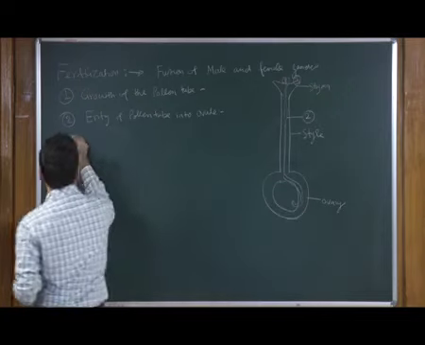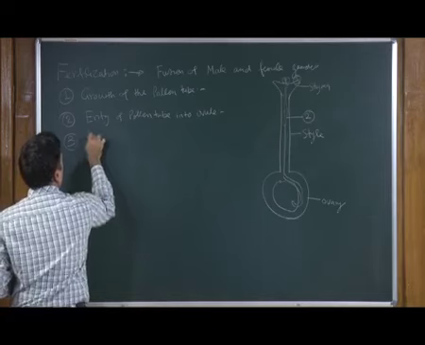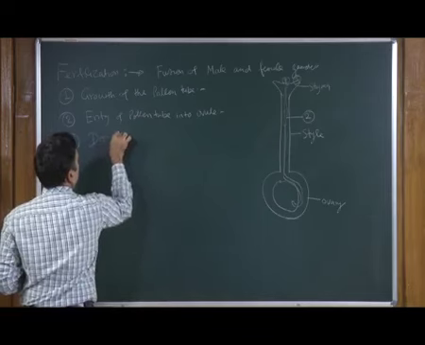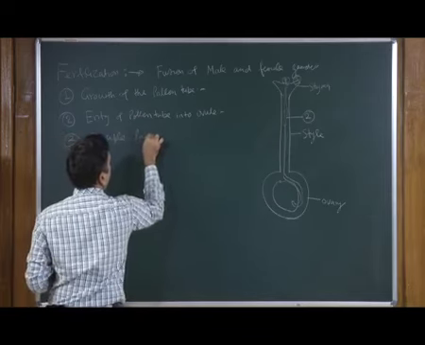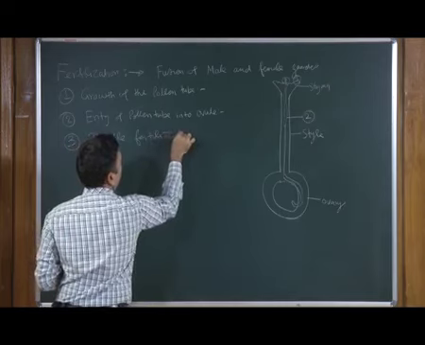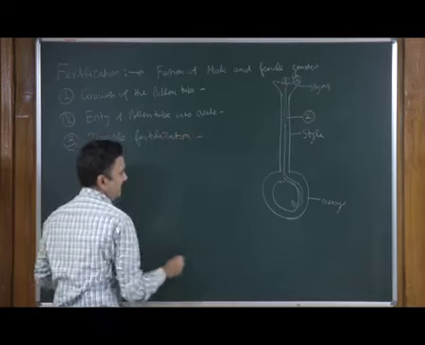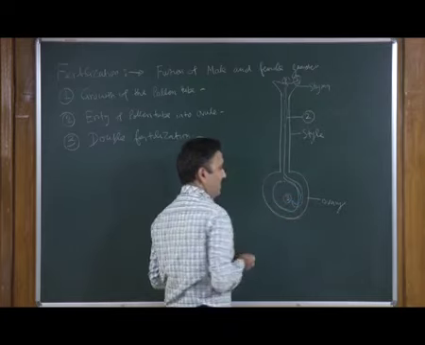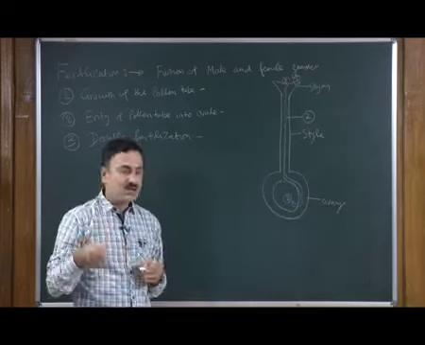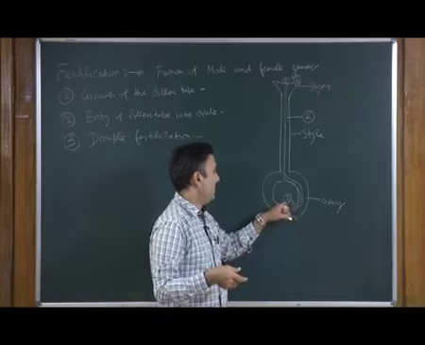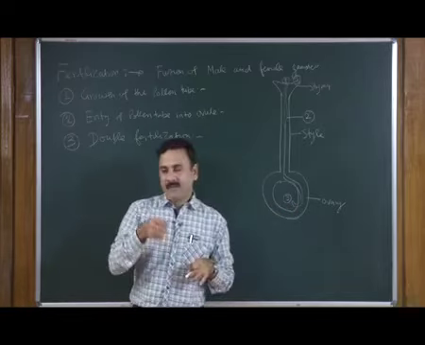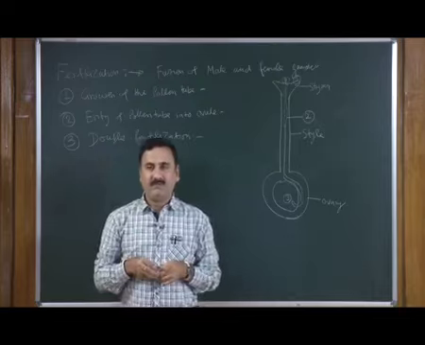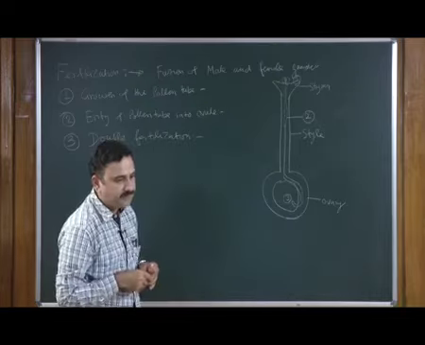And number 3 is fertilization, when there is a fusion of male and female gametes. This is the third step, where the male gametes are released from the pollen tube and then fuse with the female gametes.